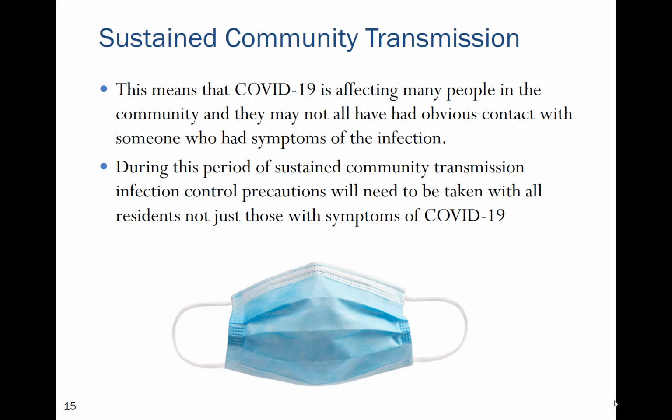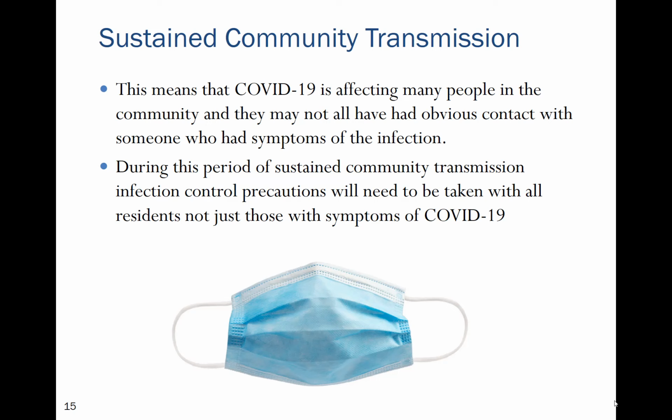So what do we mean by sustained community transmission? This means that COVID-19 is affecting many people in the community, and they may not all have had obvious contact with someone who has symptoms of the infection. During this period of sustained community transmission, infection control precautions will need to be taken with all residents, not just those with symptoms of COVID-19.